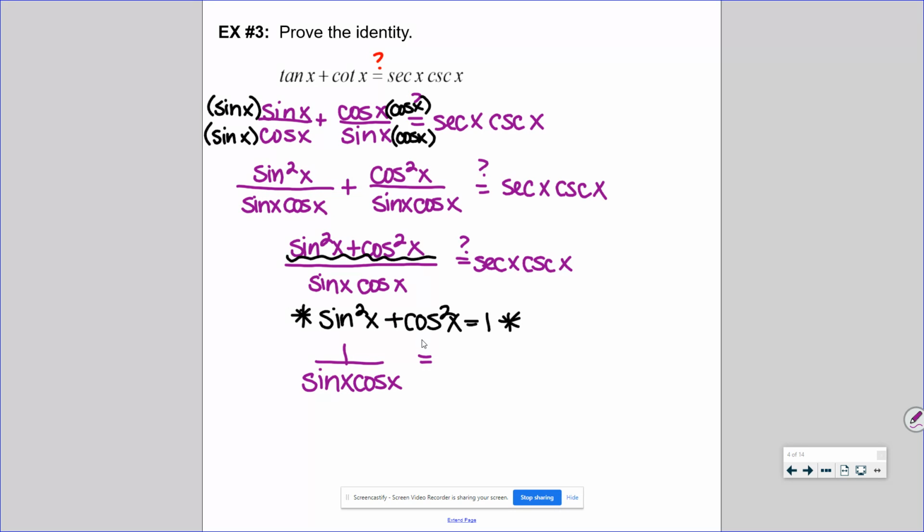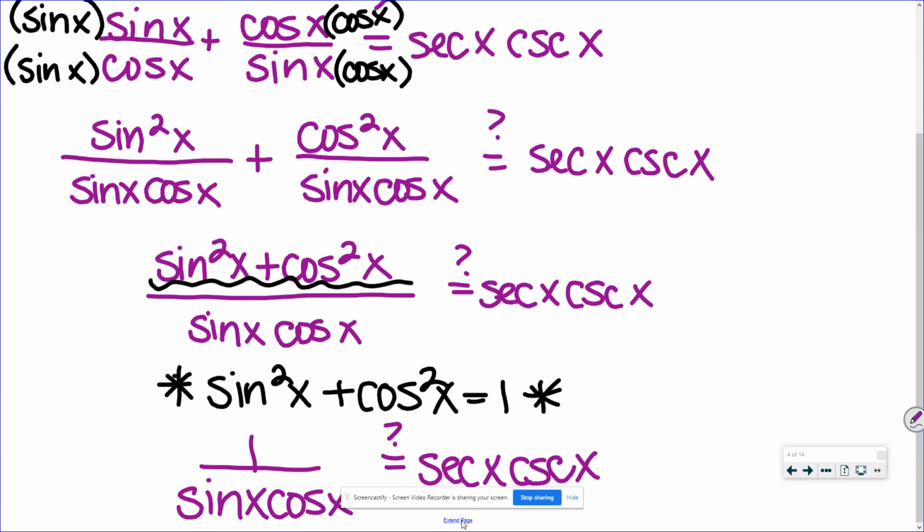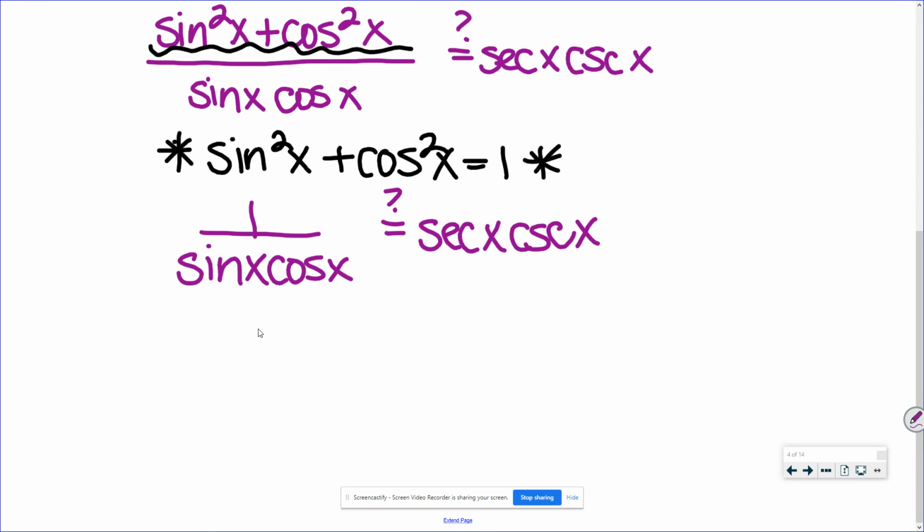Okay. Actually, you guys, I think we're almost done. There's one more thing we can do. Let me zoom in here. We can decompose this fraction. So what we can do is we can call it 1 over sine times 1 over cosine. That's the same thing as 1 over sine cos.